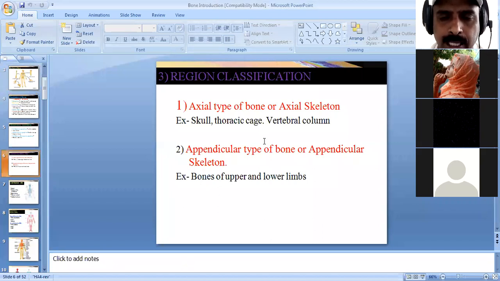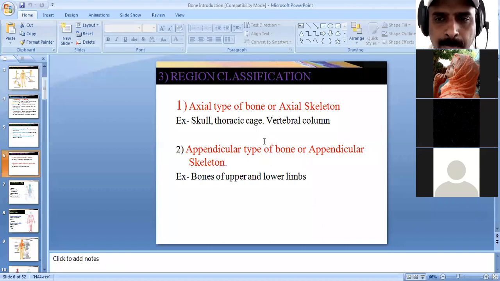The bones lying in the midline or center of the body, we call the axial type of bone, or the axial skeleton. For example, the skull bones, the thoracic cage consisting of the sternum and ribs, and the vertebral column. All of these lie at the midline, on the central axis of the body. That is what we call the axial type of bone.